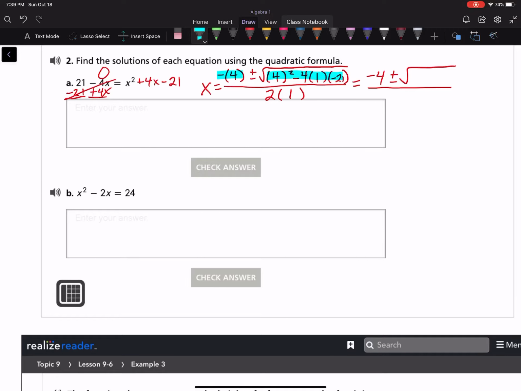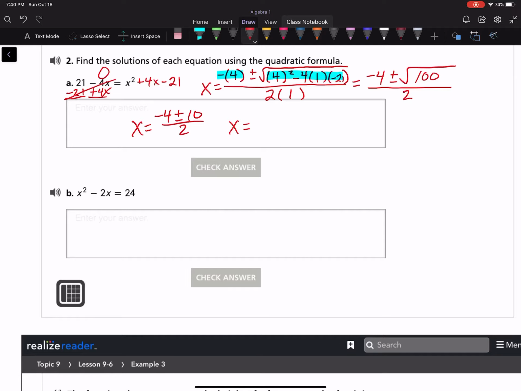That will be 100. Oops, excuse me. That will be 100, divided by 2. This one's actually pretty simple because it will reduce. Negative 4 plus or minus the square root of 100, which is 10, divided by 2.